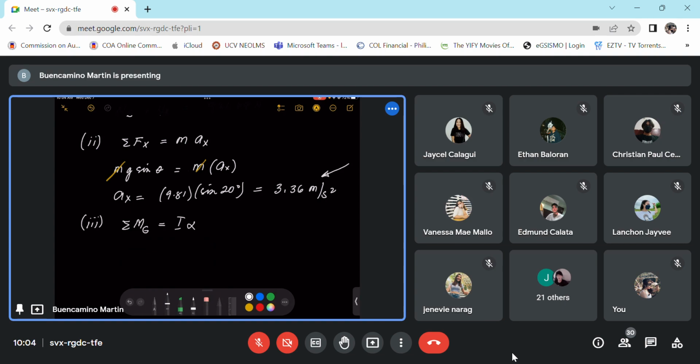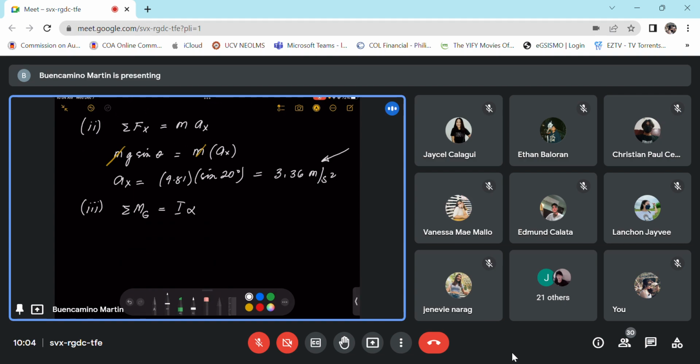But since we have no alpha, our alpha is 0, it is not rotating about G, there is no rotation. So this is therefore equal to 0.